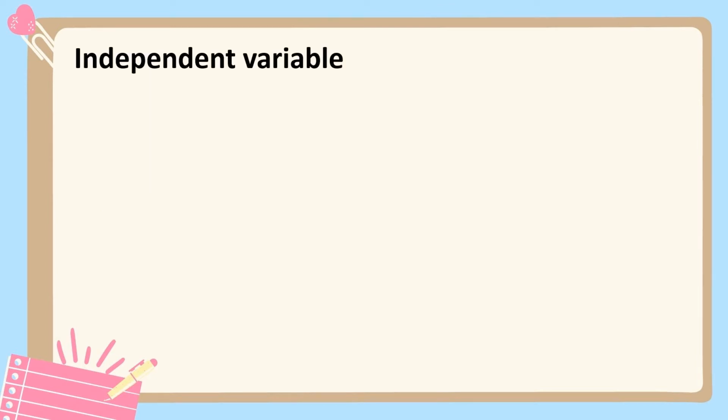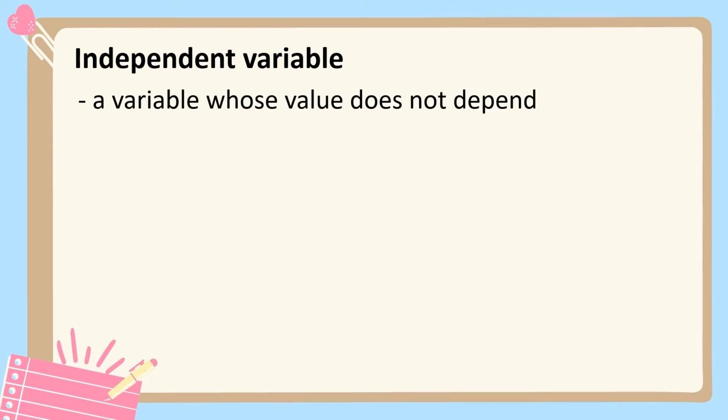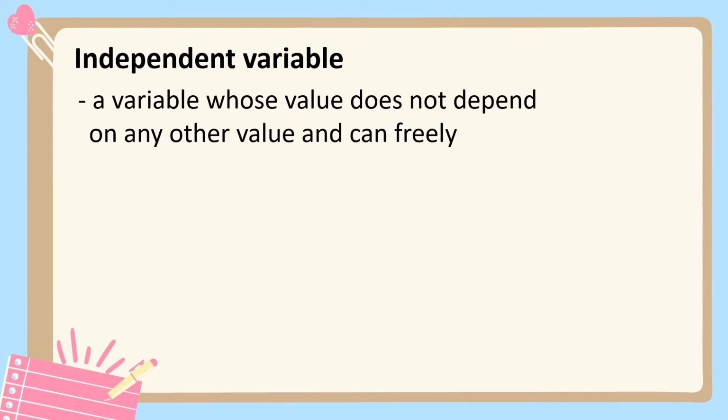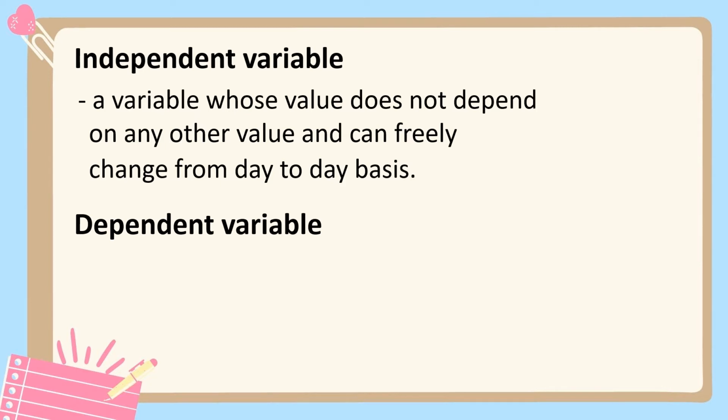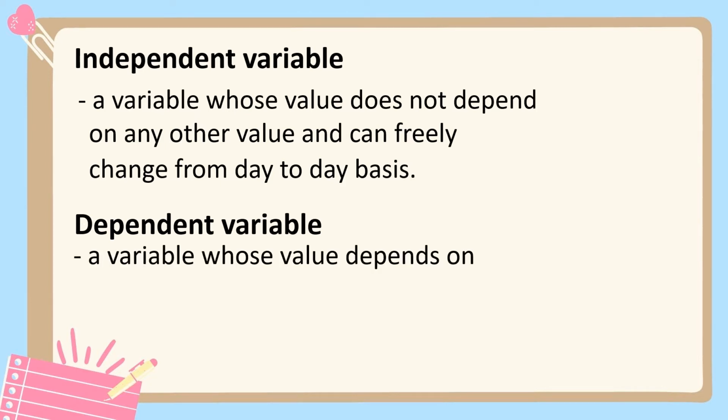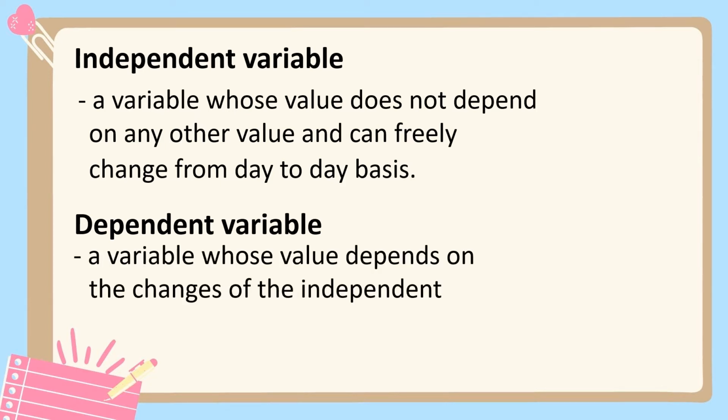When we say independent variable, it is a variable whose value does not depend on any other value and can freely change on a day-to-day basis, while a dependent variable is a variable whose value depends on the changes of the independent variable.